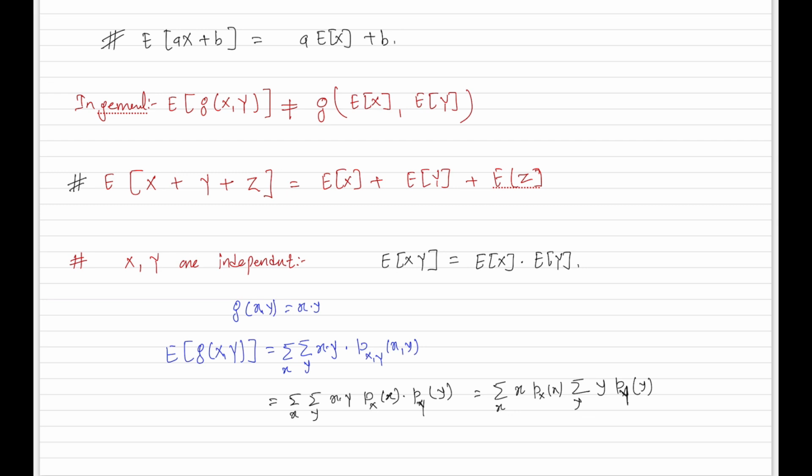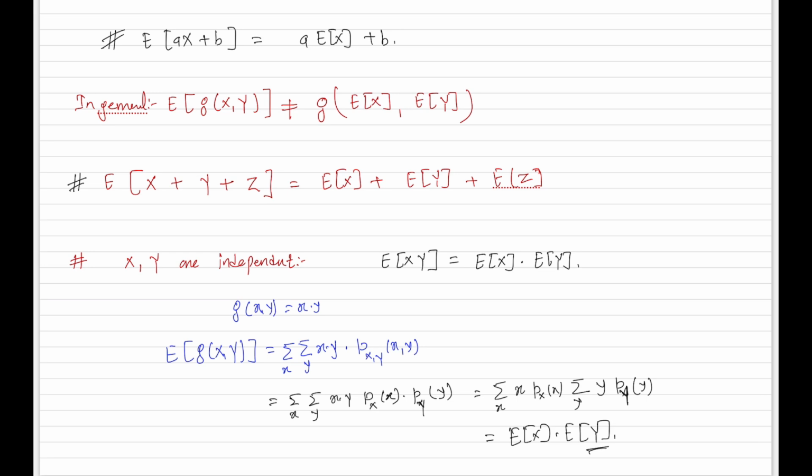And now if you observe, what is this and what is this? This is the expected value of random variable y, and this is the expected value of random variable x times this expected value of y.